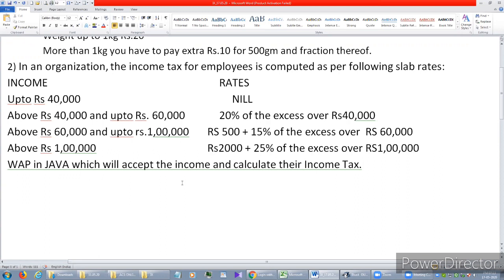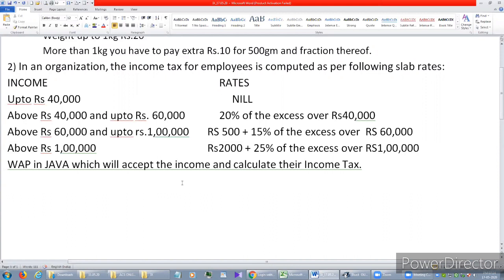In an organization, the income tax of an employee is computed as per the following slab rate. That means if an employee earns up to 40,000, then he has to pay no tax. Above 40,000 and up to 60,000, he has to pay 20% of the excess over rupees 40,000.